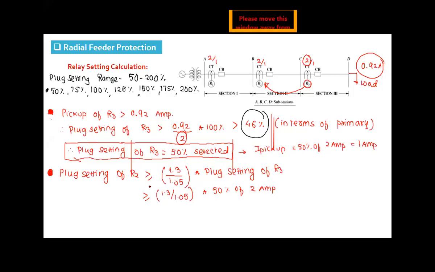Then obviously the pickup of R2 should be more than R3. So which is 50% of 2 ampere is 1. So what is this value? Tell me this value.